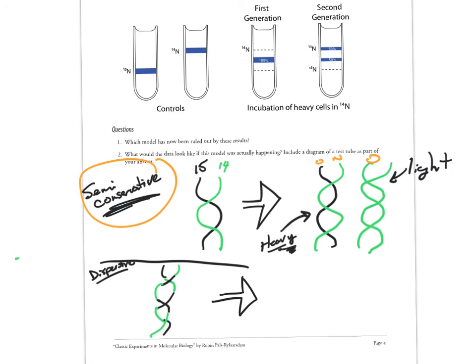So here's all these experiments. What would we predict if the dispersive model were correct? What you would expect is that both of the new molecules, both of the replicated molecules, would be a combination of old and new. And so what you'd get is the one band. You'd expect one band exactly in between 14 and 15, because all these would randomly be chosen, or at least evenly chosen, to be part of the new strand.